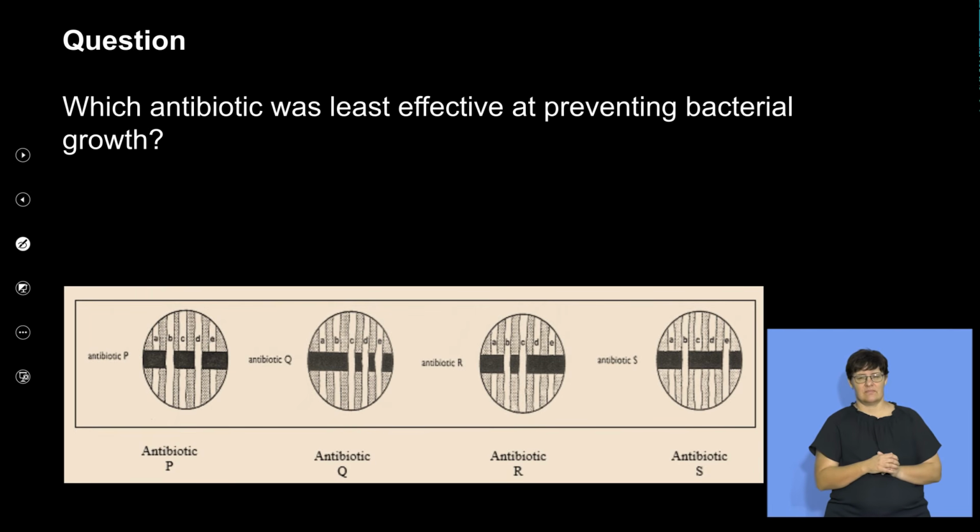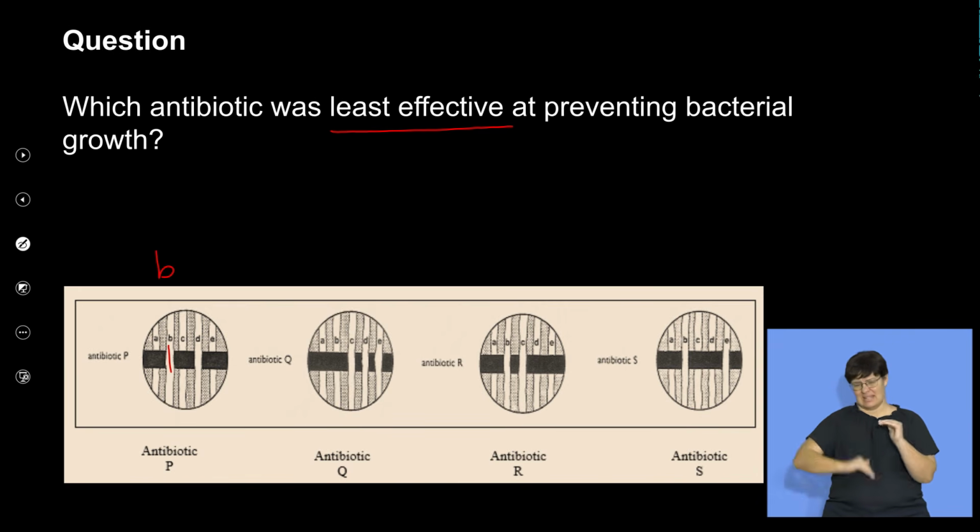Which antibiotic was the least effective? Now, what are you looking for? You are looking for the antibiotic where the bacteria grow over the strip. So which antibiotic was least effective?